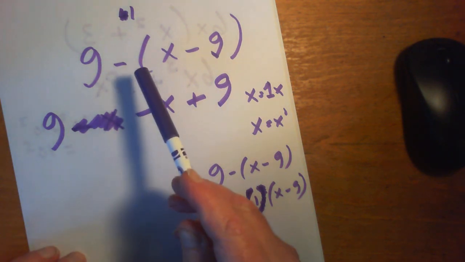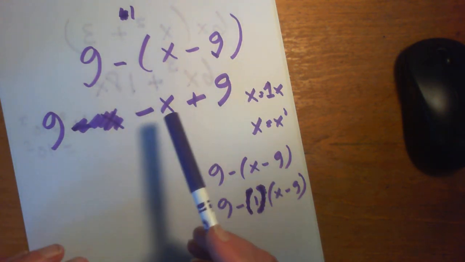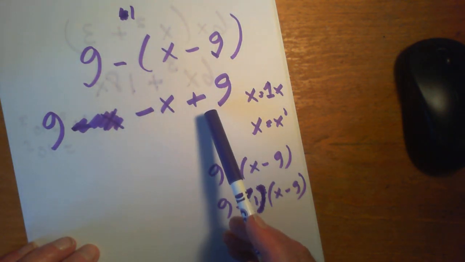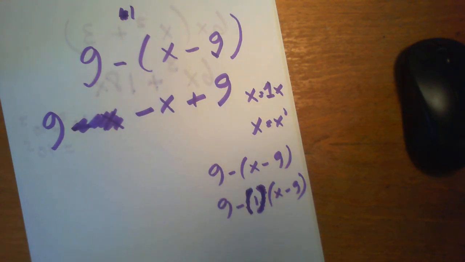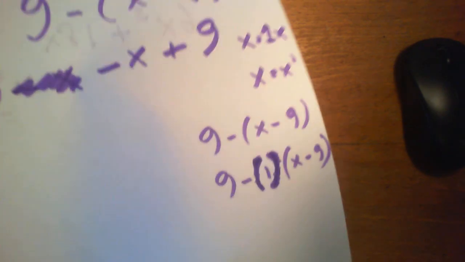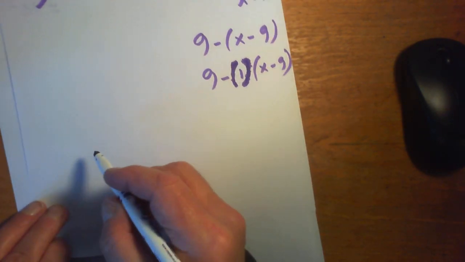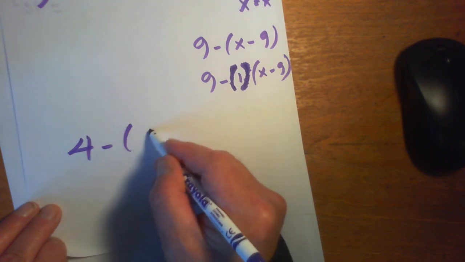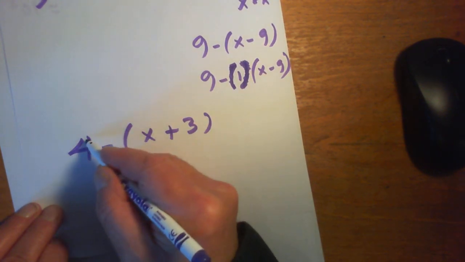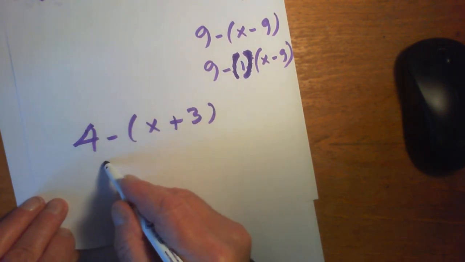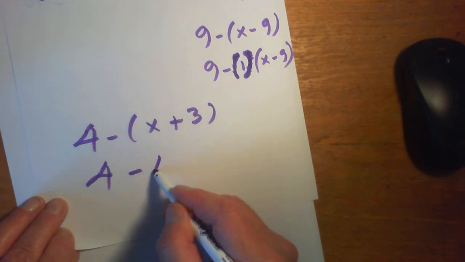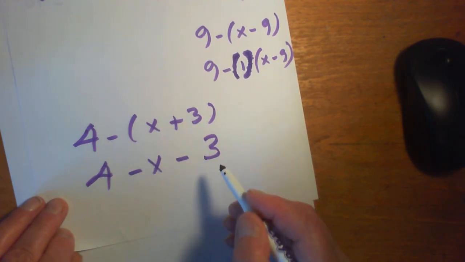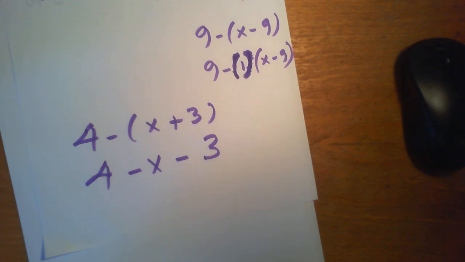But for a special case like this, you can just get rid of the brackets and reverse the signs of everything inside the bracket. That's just a quick way. You have something like 4 minus x plus 3. What is that? It's 4, reverse the sign of that, reverse the sign of that, and that's your answer.